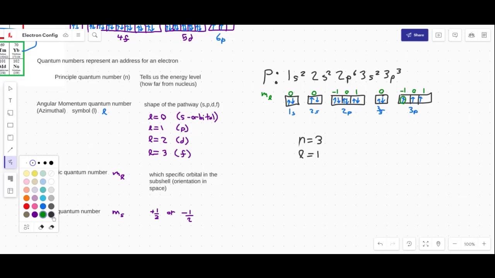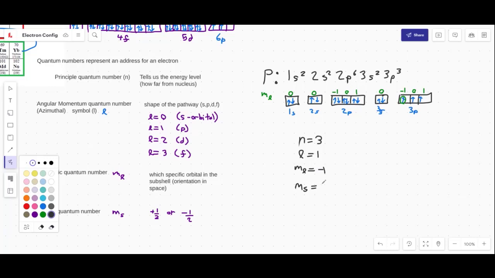So in this particular case, for the orange circled electron, what is m sub L? Negative 1. And what is m sub S? 0. Well, no, m sub S only has two possible values, positive 1/2 or negative 1/2. It tells you the spin of the electron.